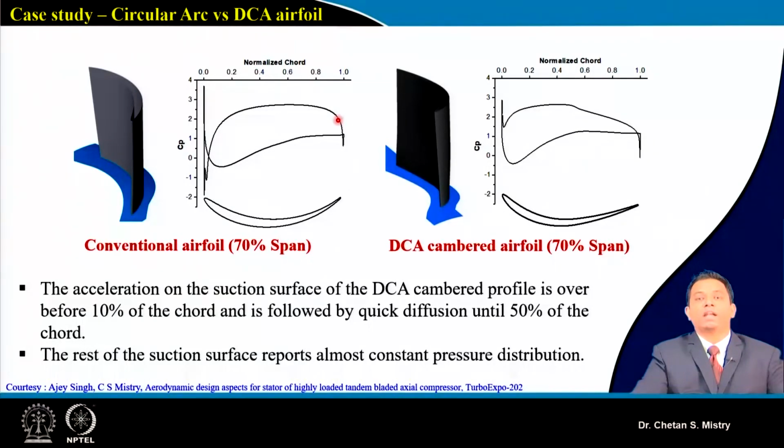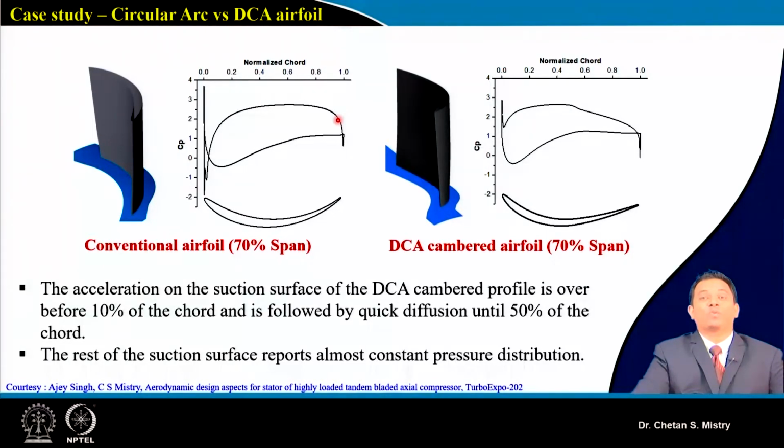At IIT Kharagpur we are developing a test facility for a highly loaded tandem-bladed axial flow compressor. When we have higher loading of the rotor, that means higher turning of the flow, and we are addressing that by using a tandem configuration.